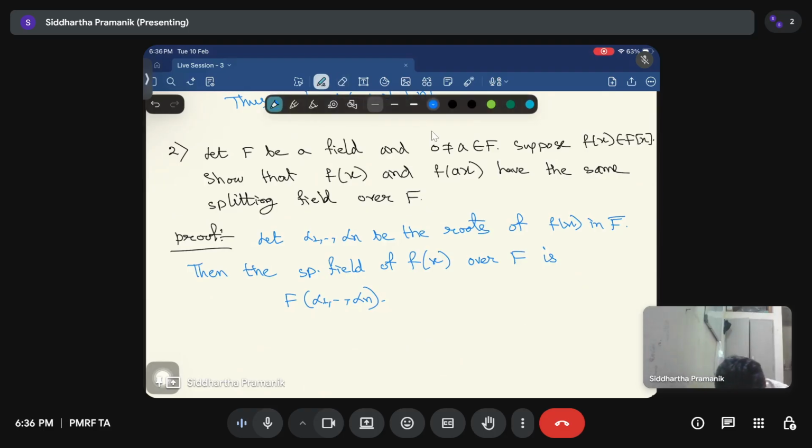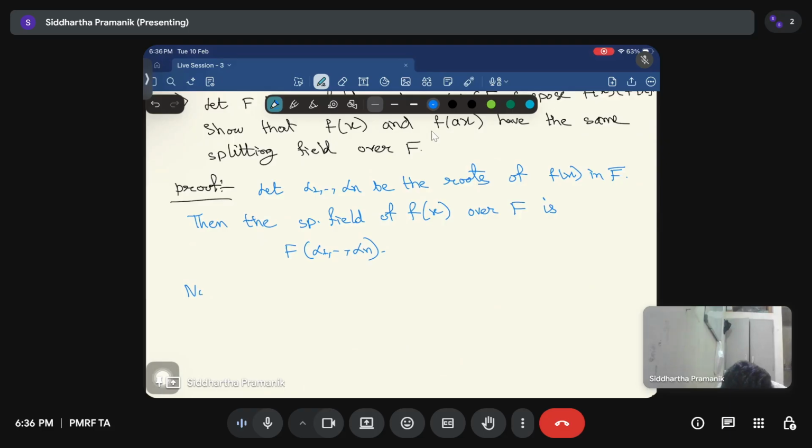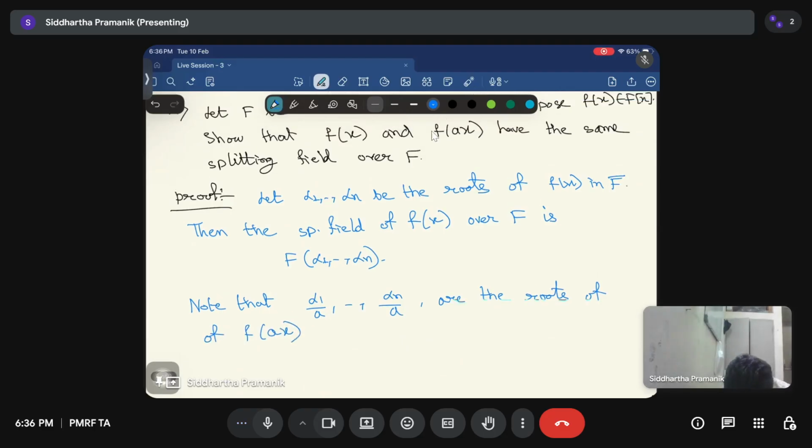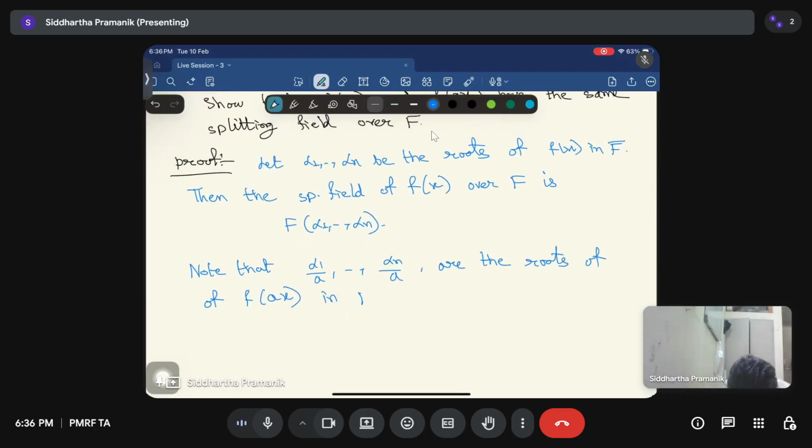And what about the splitting field of f(ax)? How to write that one? So now note that alpha 1 by a up to alpha n by a are the roots of f(ax) in F bar.